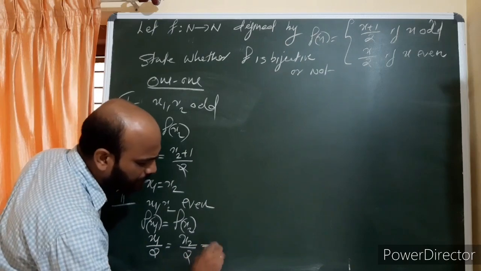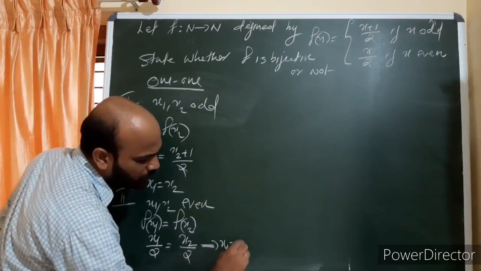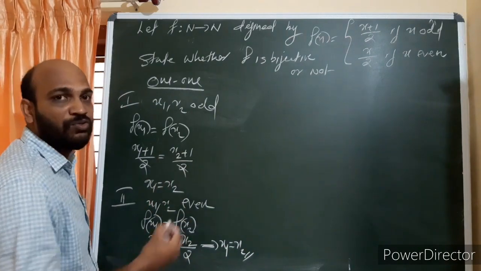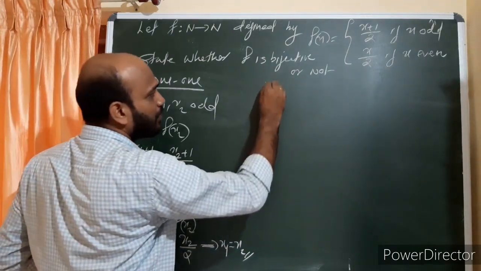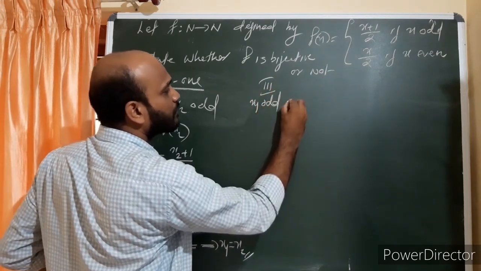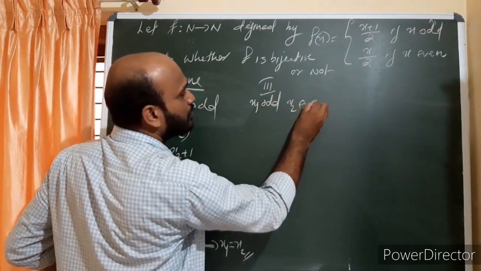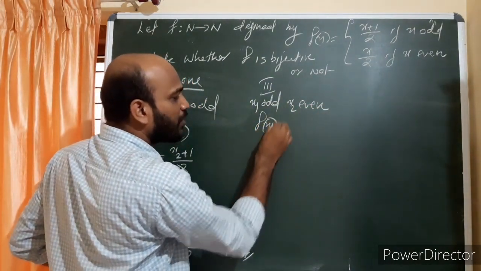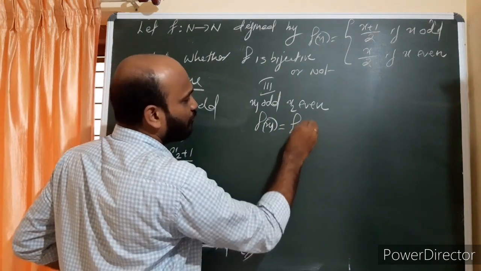So clearly x1 is equal to x2. So 2 cases are okay. Now you have to go for the third case. Third case means x1 odd, x2 even, such that f of x1 equal to f of x2.